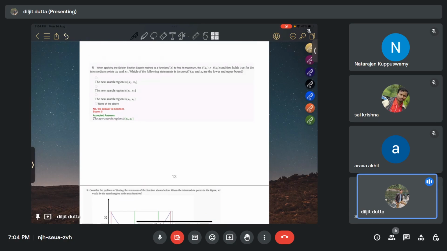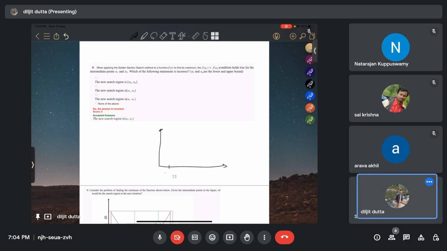Okay, one conceptual problem. While applying the golden section search method to a function f(x) to find its maximum, the condition f of x1 is greater than f of x2 holds true for the intermediate points x1 and x2. Which of the following statements is incorrect? So let us see.